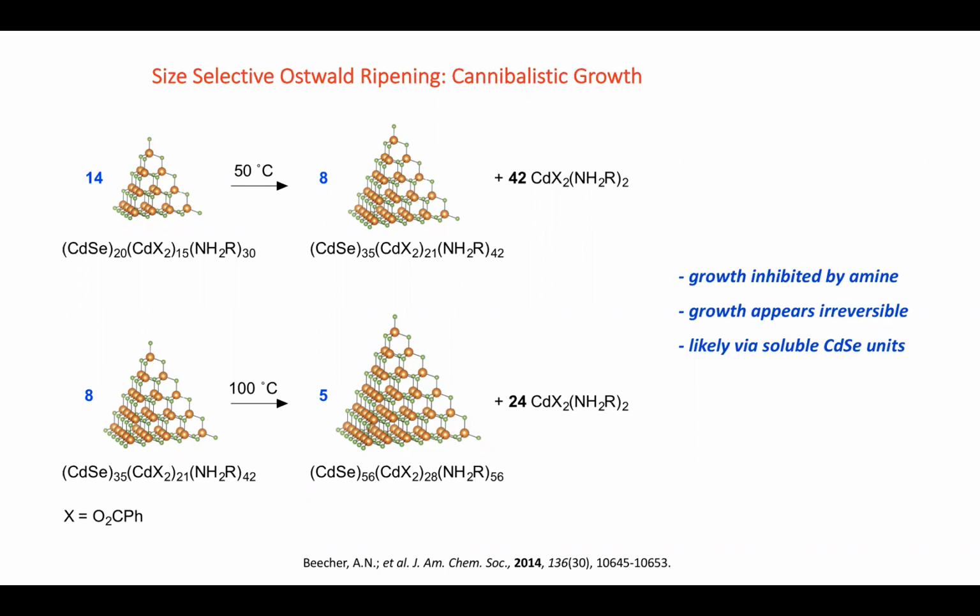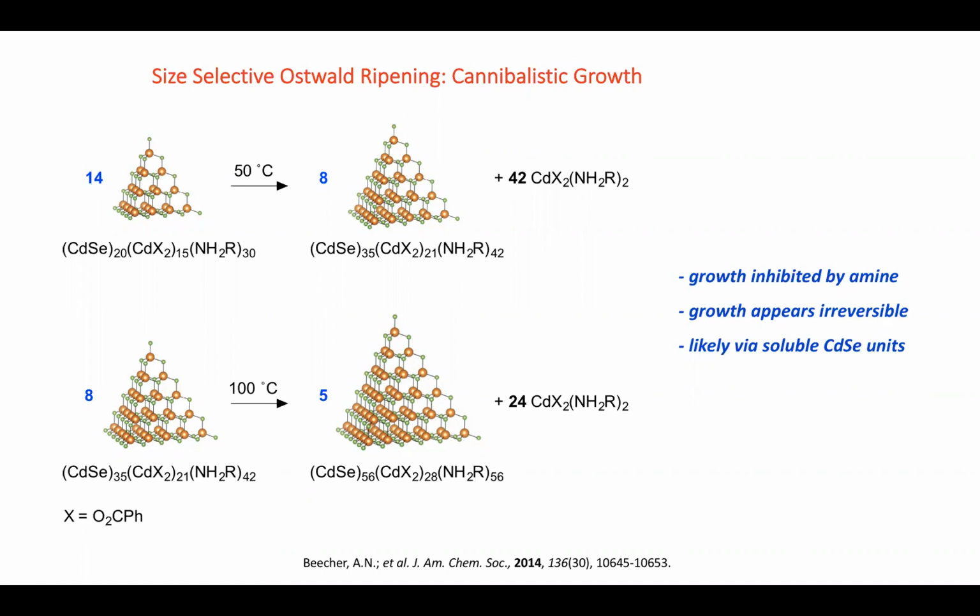So the stability of these objects is really a function of the degree to which their surfaces are coordinated. And each of these formulas here are idealized formulas. They are representative of the chemical formula of each of these pyramids within some margin of error. They correspond to one ligand per dangling bond.